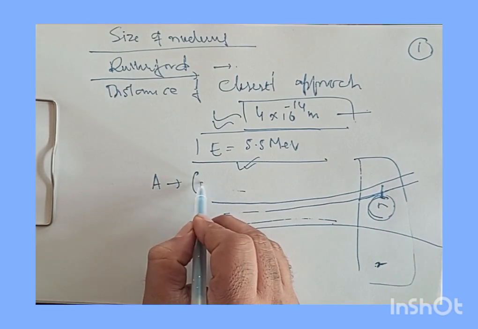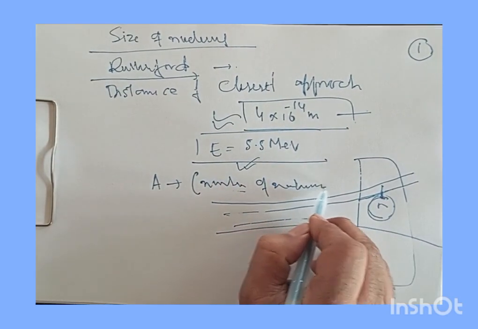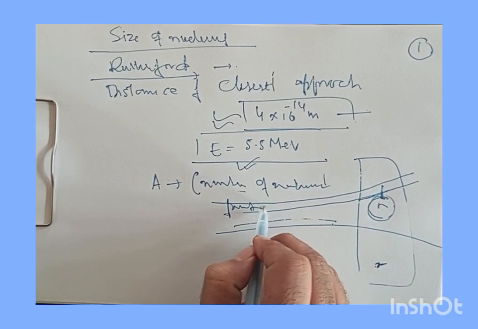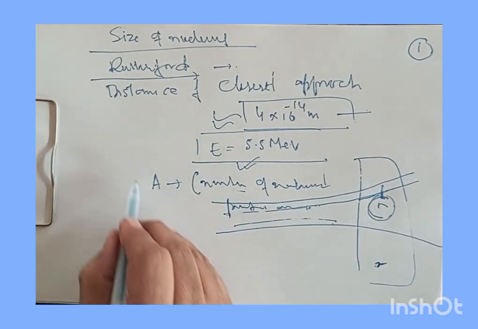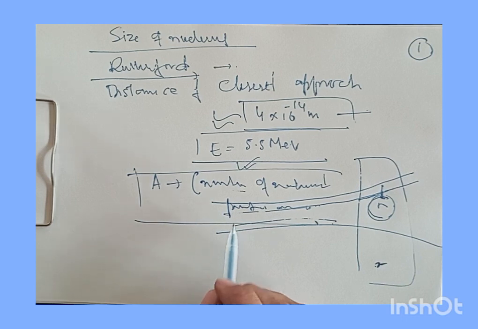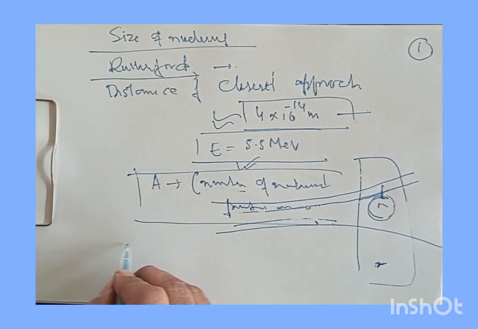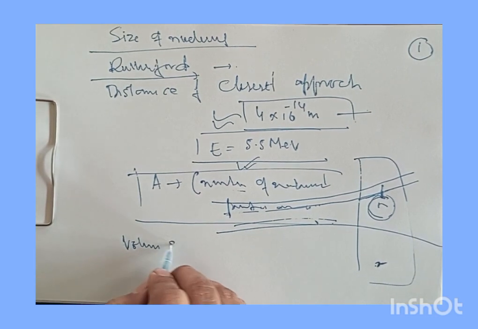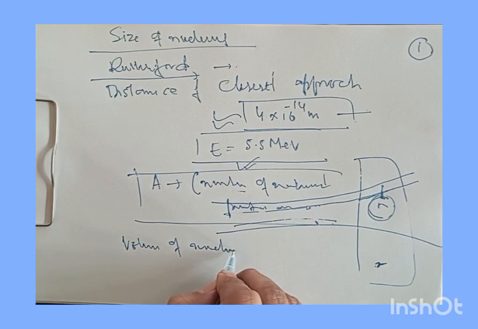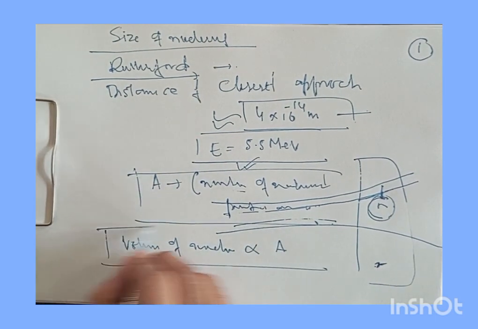This mass number is nothing but the number of nucleons, and nucleons are basically protons and neutrons. What could be observed in the electron scattering experiment was that the volume of the nucleus is proportional to the mass number.